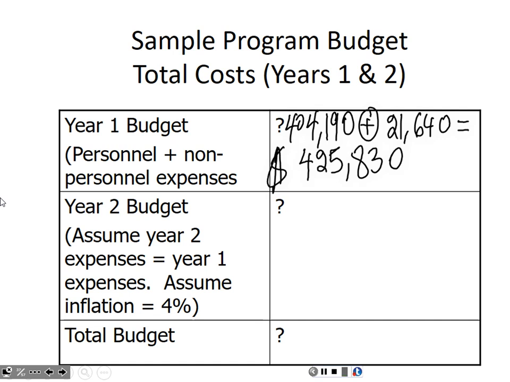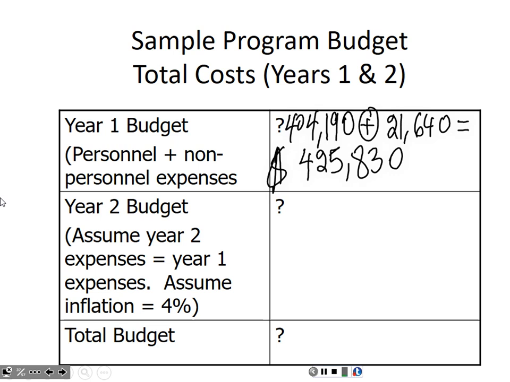We developed 6 budgets, 1 for each year, and then added them together to get the grand total. But for illustration purposes, we're going to assume again that our year 2 budget is the same as year 1 budget. We have the same personnel and non-personnel needs.